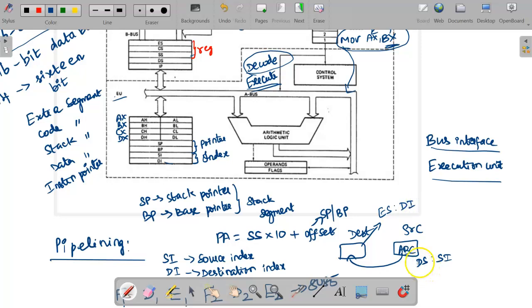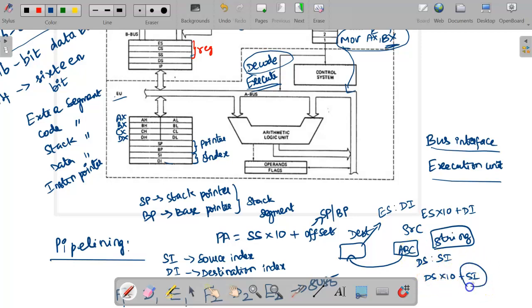So here the source physical address is calculated by DS into 10 plus SI, and the destination physical address is calculated by ES into 10 plus DI. So whenever we are going for string related operations, in order to point to the source address, we require data segment into 10 plus SI.